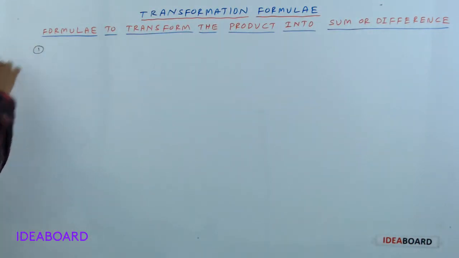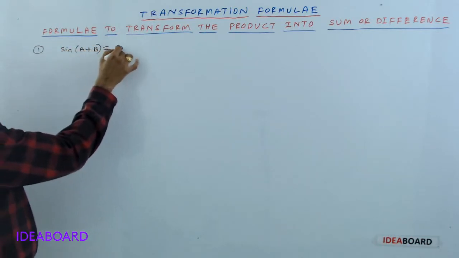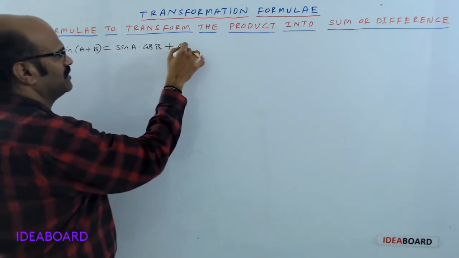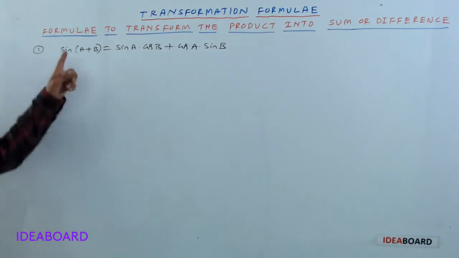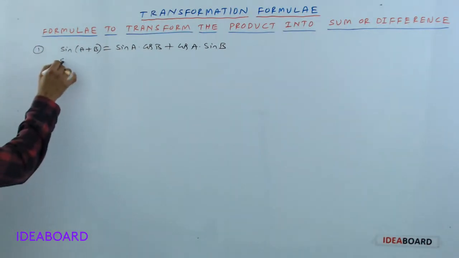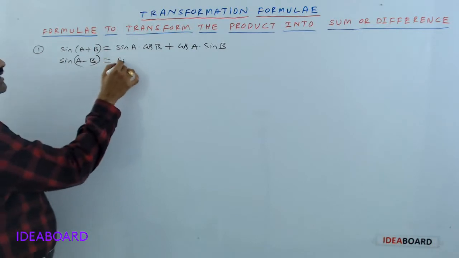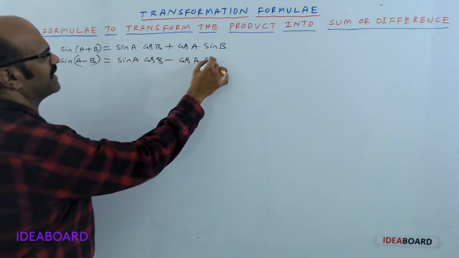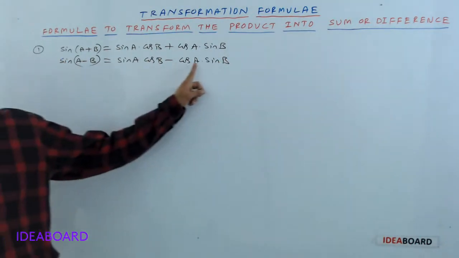For that, in compound angles, we have sin of A plus B equal to sin A into cos B plus cos A into sin B. Similarly, we have sin of A minus B equal to sin A into cos B minus cos A into sin B. Now, take the sum of these two.